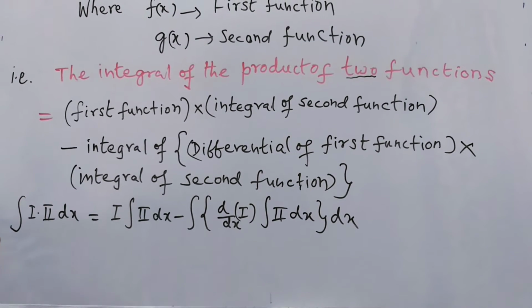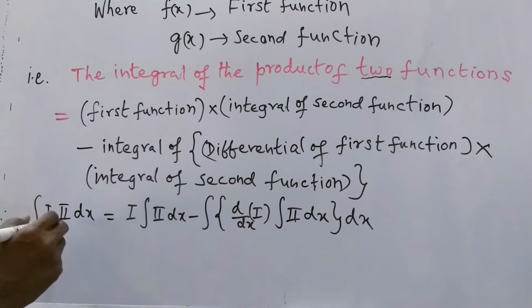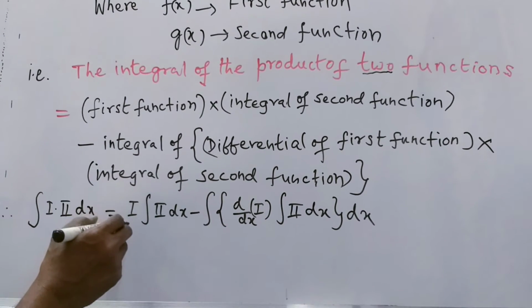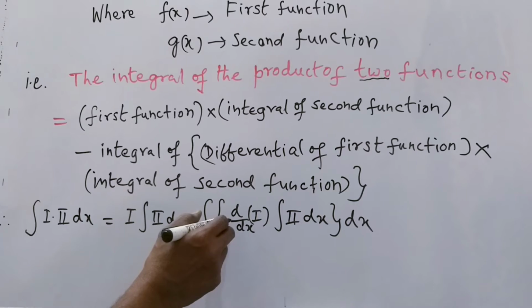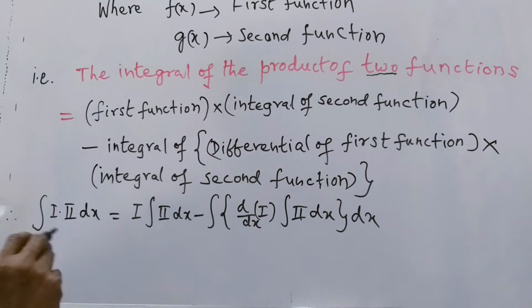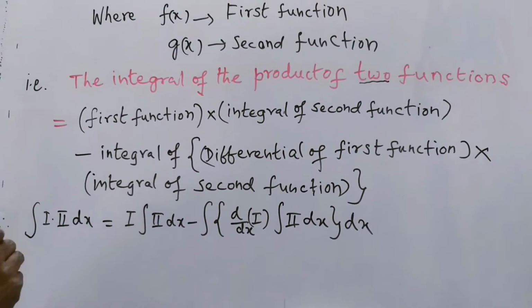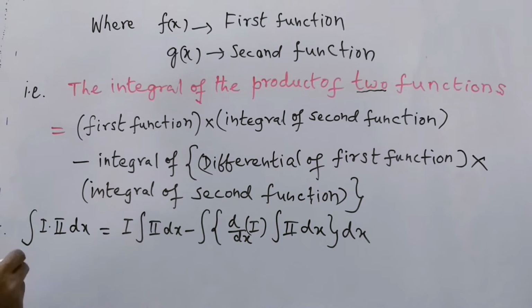Therefore, integral of first function into second function is equal to first function into integral of second function minus integral of differential of first function into integral of second function whole dx. This is the integration by parts concept.